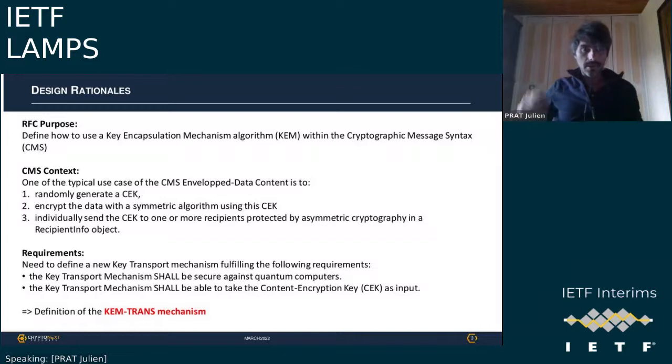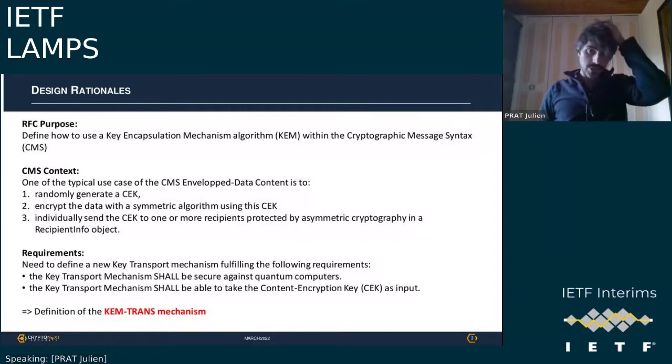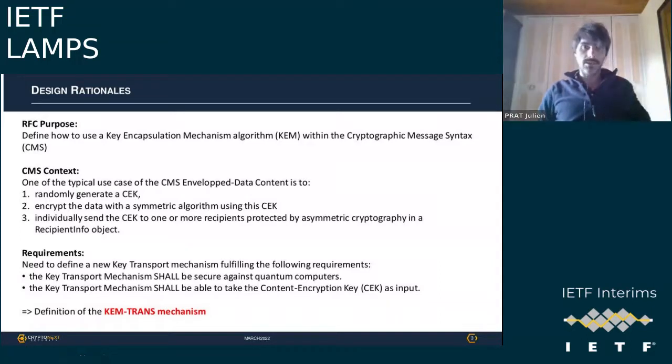So then for this scheme, we've tried to set some requirements. Here I mention the two main requirements. The first one is that the key transport mechanism should be secure against quantum computers. And then, as I said, the key transport mechanism should be able to take the content encryption key as input.